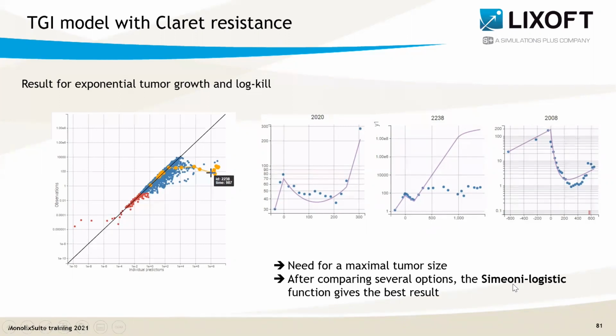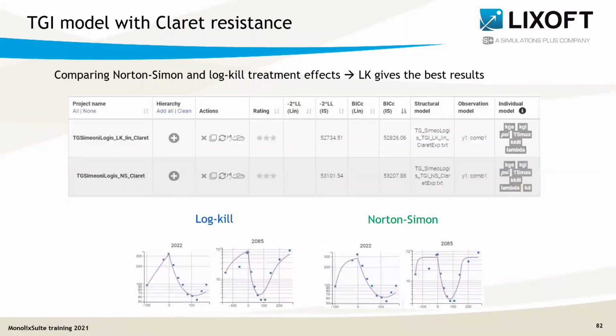Then as a next step, I tried to adjust the model with different killing hypotheses for the treatment effect. So I compared the log-kill and the Norton-Simon hypotheses. I won't have the time to detail the diagnostic plots, but I found that the log-kill hypothesis gives the best result in this case.